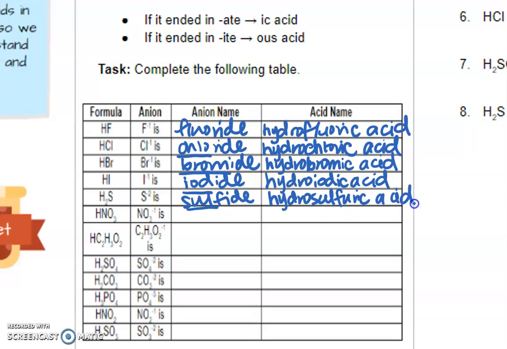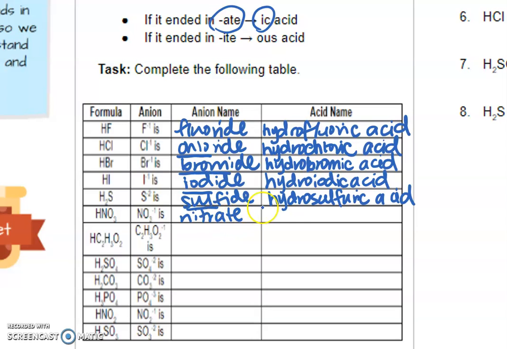Now here we go, oxygen. So HNO3 has oxygen, there it is right there, that O. Think about what this NO3 thing is called. It's a polyatomic. You can refer back to your notes on that. It's called nitrate. So here's where my rule comes into play. If it ended in ATE, I'm going to change it to ic. So instead of nitrate, I take off the ATE and change it to ic here.